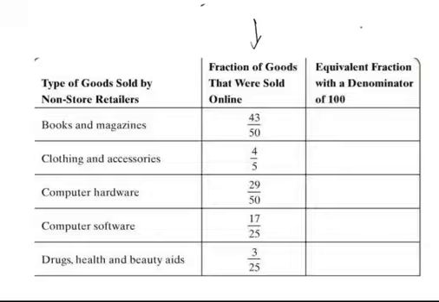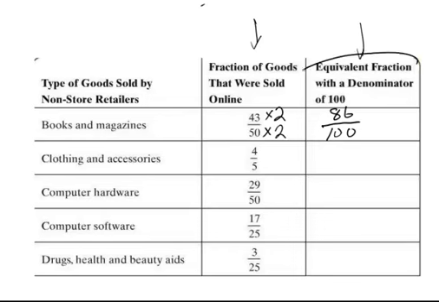Now here, all it's asking me to do is to write this as an equivalent fraction with a denominator of 100. All that's telling me is to put a 100 down here, and we're going to do the same thing. We're going to stare and compare. So I multiplied that one by 2, so I'm going to multiply this one by 2. So 50 times 2 is 100. 43 times 2 should give me 86.